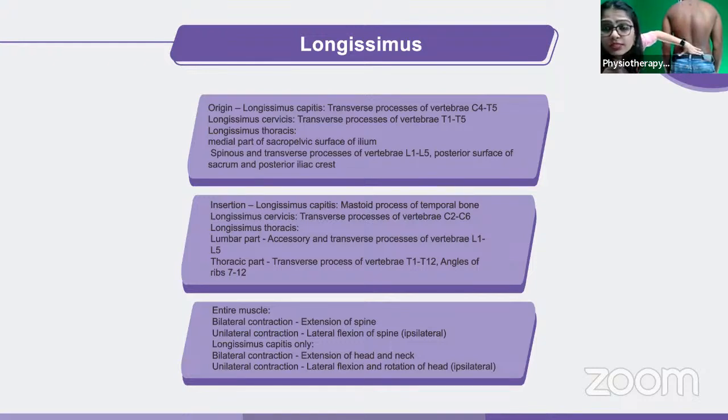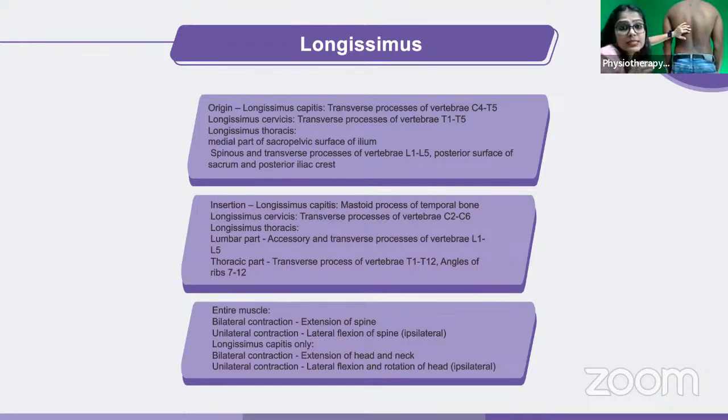Do not follow this; follow the terms which I am using. Sacrum plus lower 5 vertebrae, and it gets inserted into T1 to T12. That is, it has covered all sacrum, lumbar and thoracic vertebrae.